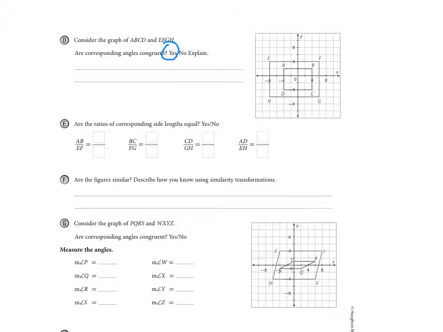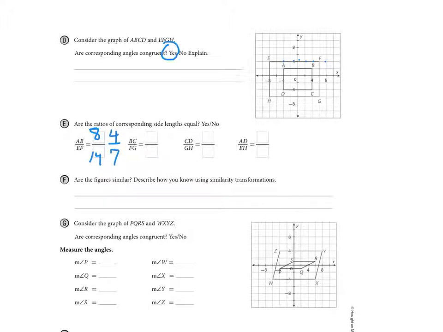Now we're going to look at the side lengths. Notice that these lines go by 2. So if I measure AB, it's 2, 4, 6, 8. And EF is 2, 4, 6, 8, 10, 12, 14. And if I simplify that, I get 4/7.